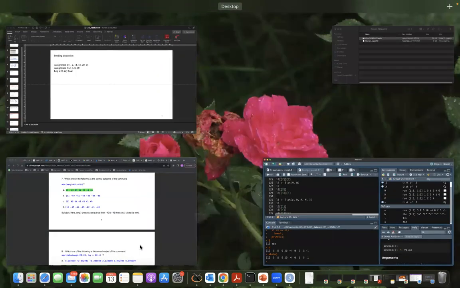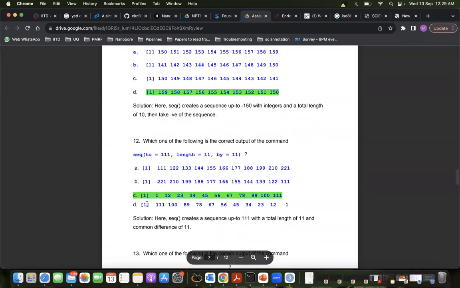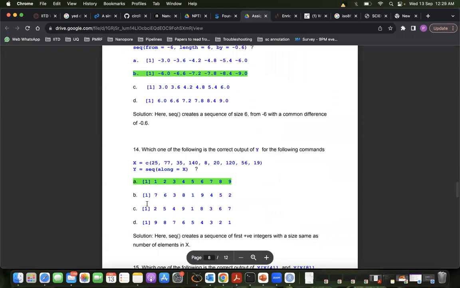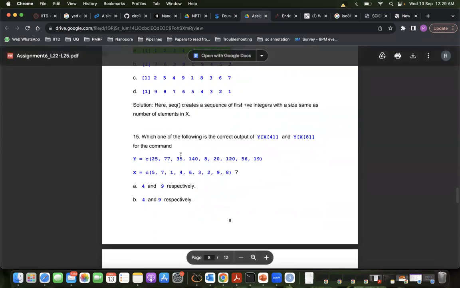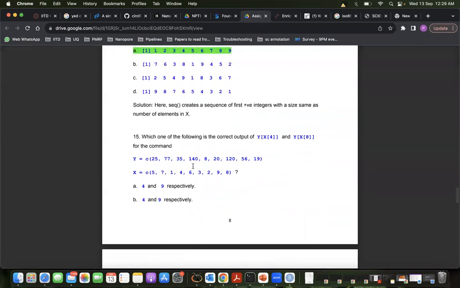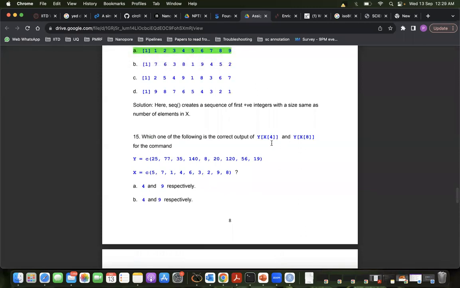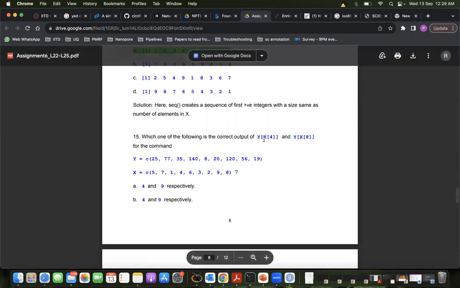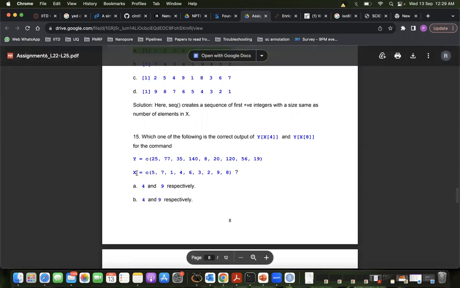These ones are slightly tricky, so you need to be careful. Solve the inside bracket first. x is a vector, y is a vector.